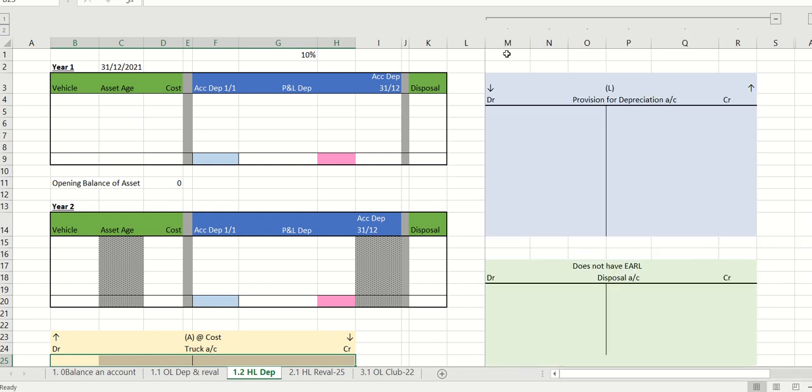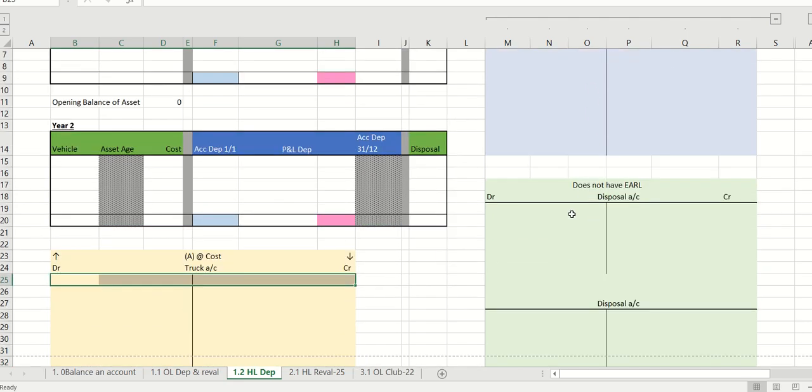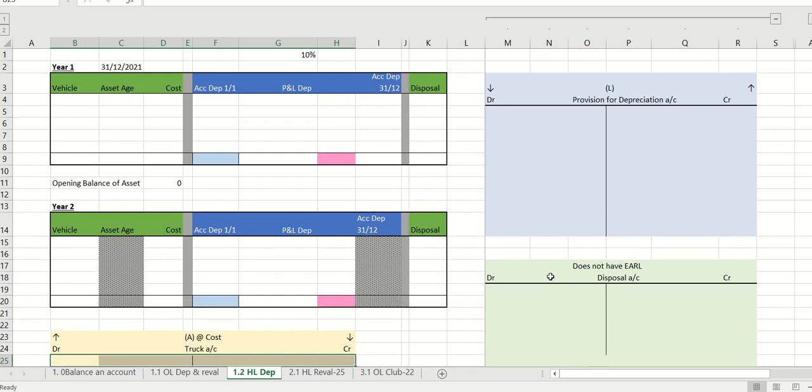Then on our right page, we're going to have provision for depreciation account. Again, leaving 10 or 12 lines for that. We only have to do 2 years in depreciation questions. And again, 2 disposal accounts. So the disposal on the first year and the disposal on the second year. And you need about 5 lines for each of those. So you'll get all your accounts and your table in on a double page.